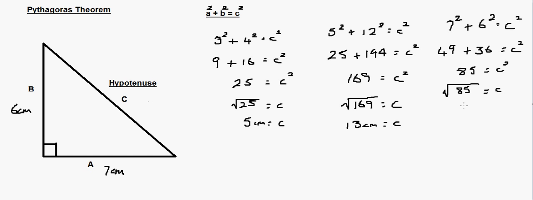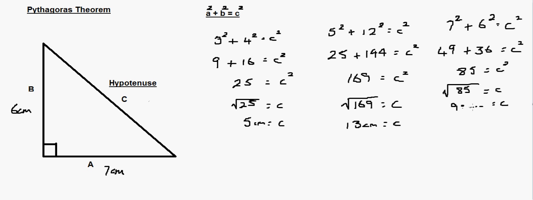It's going to be about 9 point something. Okay, so we get 9 point whatever it is equals c. But that will give me the answer. Obviously you would use your calculator for this, okay, and then you could find an exact answer.